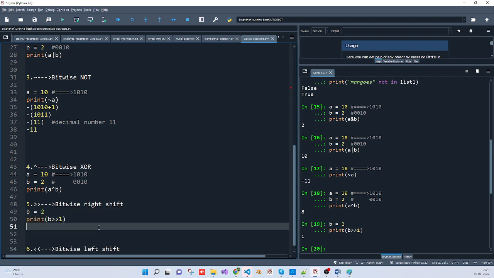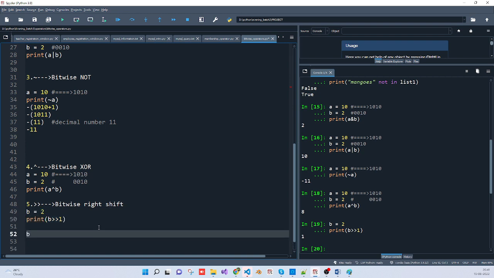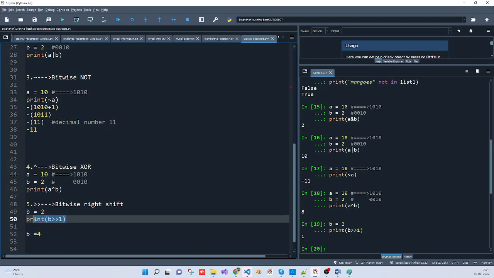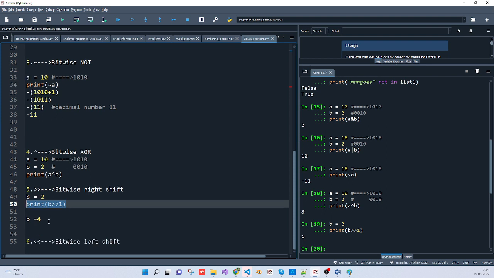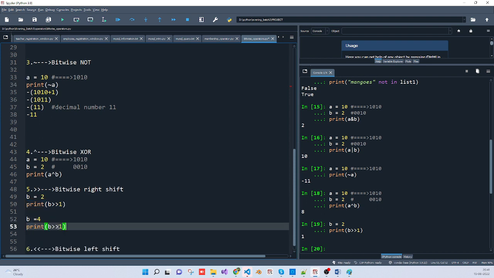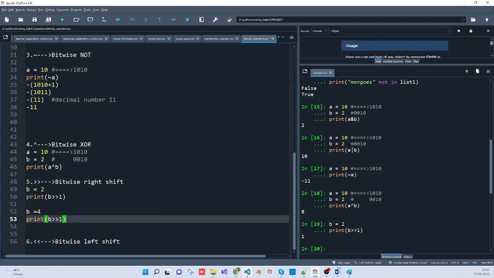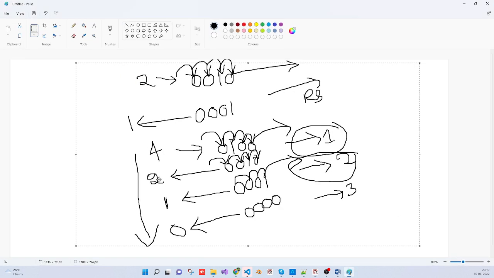Then one more example, b is equal to 4. If I am shifting one time, what is my value? It will be 2.